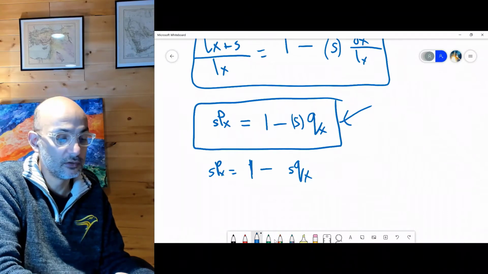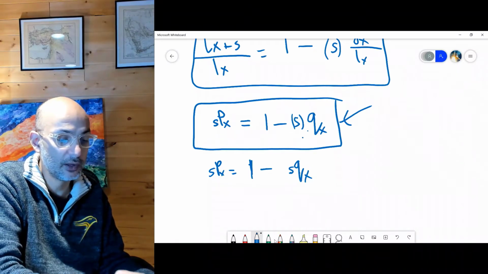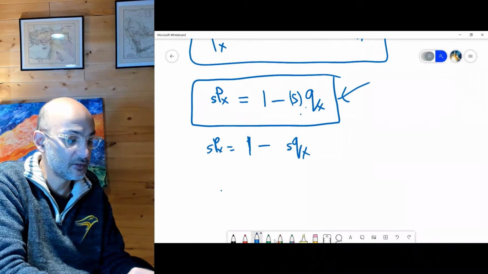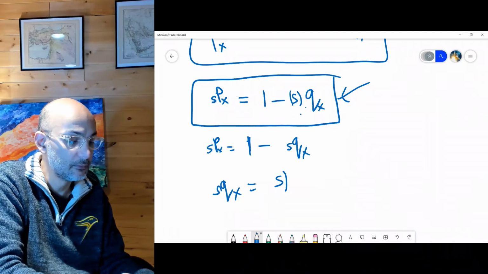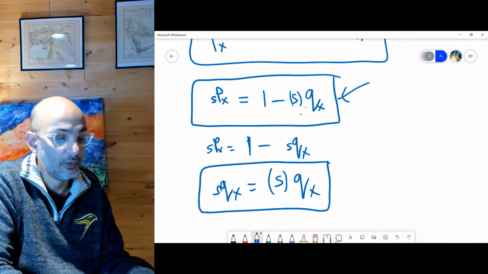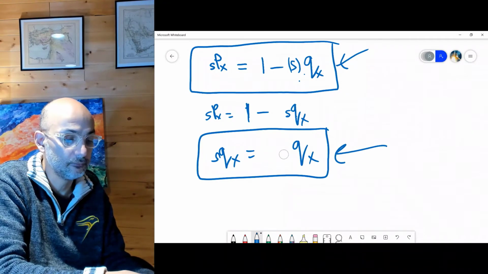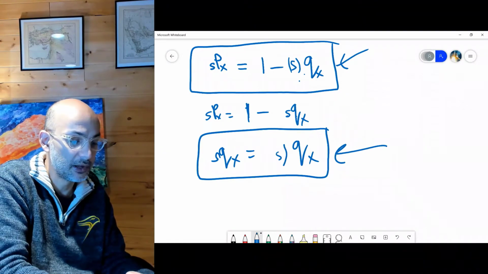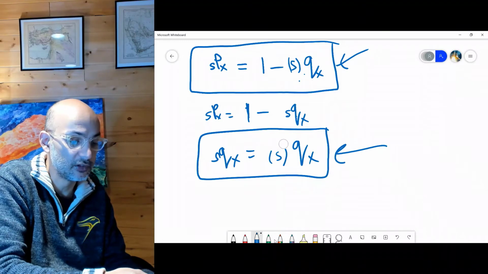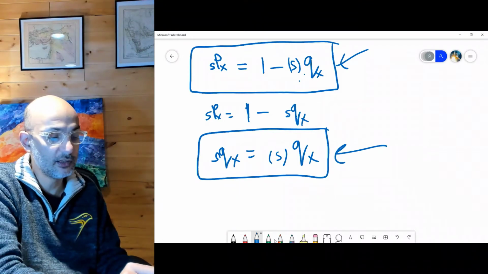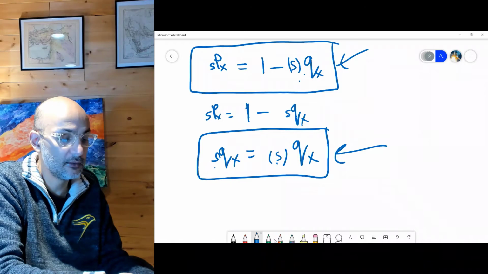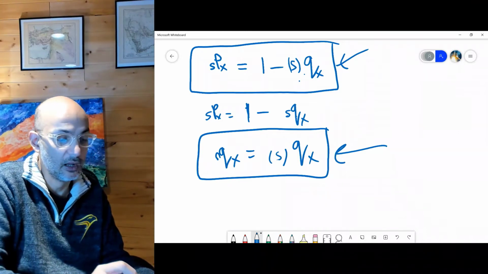So if you compare this with this one, what we get is s q x is equal to s multiplied by q x. This is very, very important. You need to be careful about how we're reading it. I use parentheses just to say it's multiplication, to differentiate between this and this.